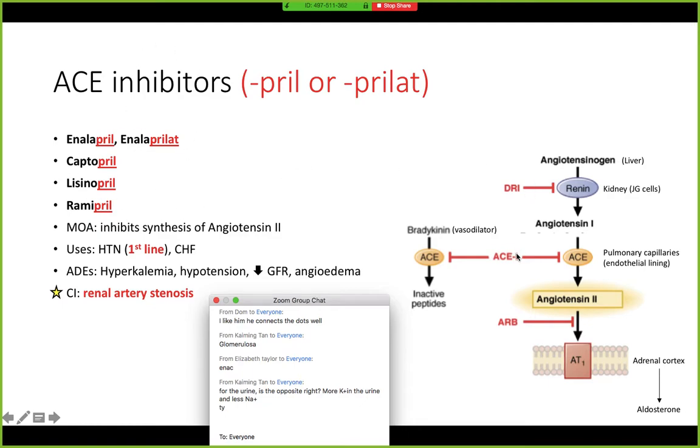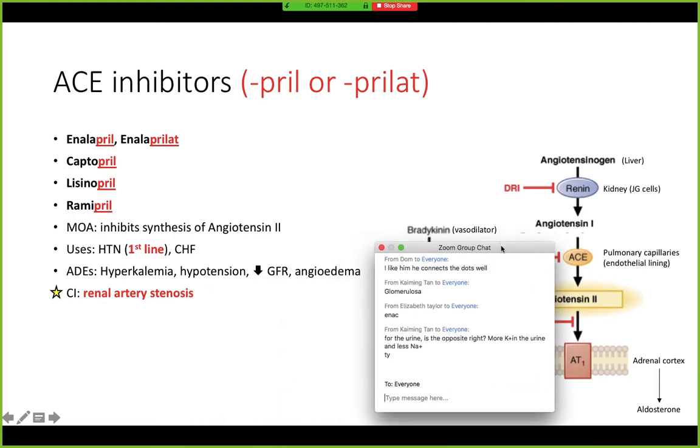Okay, so ACE inhibitors are going to act on ACE, and they're going to prevent the conversion of angiotensin 1 to angiotensin 2. And your ACE inhibitors are first line in the treatment of hypertension, and they're also used in patients with congestive heart failure.